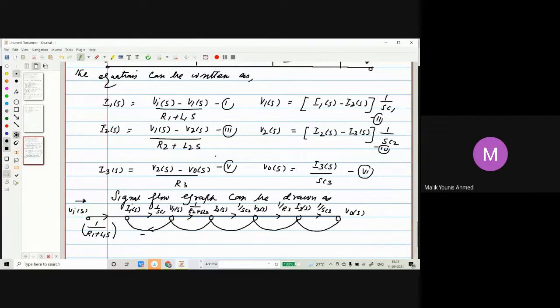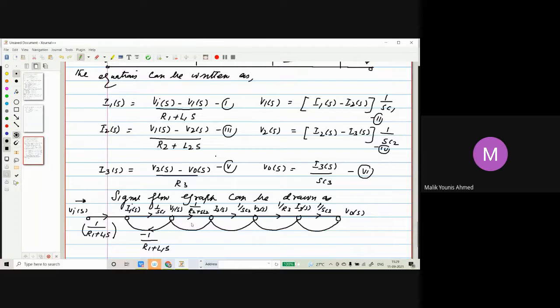That means we need to put 1 by R1 plus L1 of S. Similarly, we are getting the negative value of V1 of S here, whereas in I1 we take positive value of V1 of S.